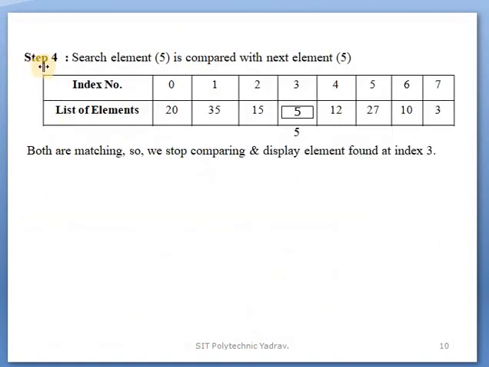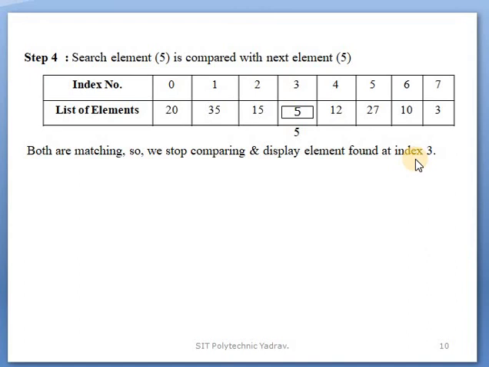In step number 4, search element 5 is compared with the next element 5 in your array. It shows 5 is compared with 5, both are matching. Okay, so we stop the comparison and display "element found at index 3". Clear that? Index 3.